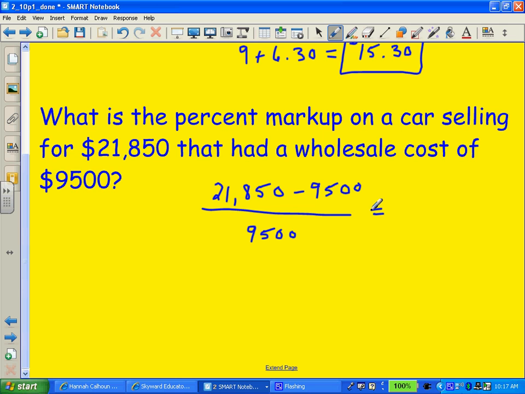So 21,850 minus 9,500 is 12,350 over 9,500. And when I divide those, I get 1.3, which again I have to turn into a percent, so that's going to be 130% markup. It's a pretty big markup.